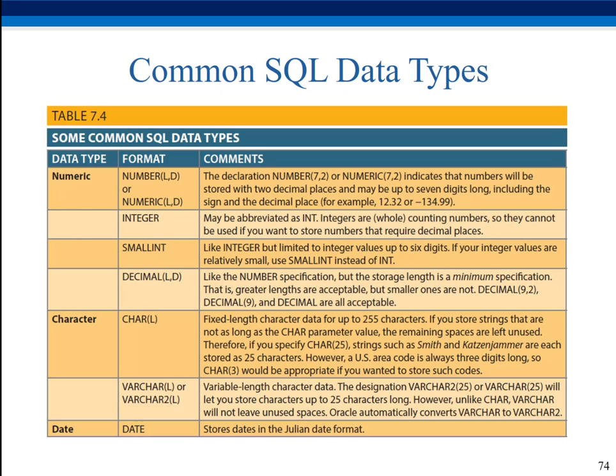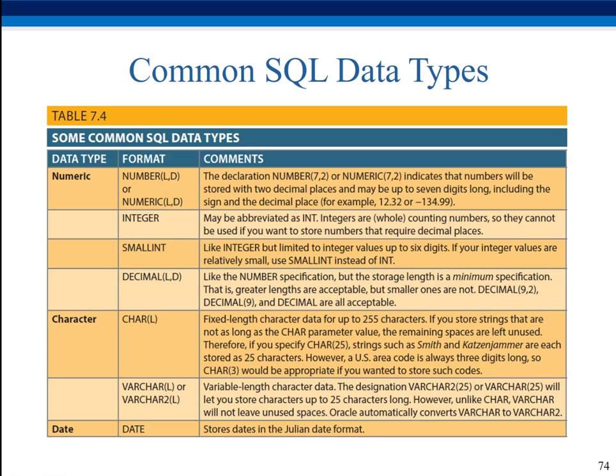Again, here are our data types. So we have number, and you can have 7, 2 in here. That means you can have 7 places with 2 decimal places, and you can have up to 7 digits long, including the sign. Notice that the minus sign actually takes up a place.